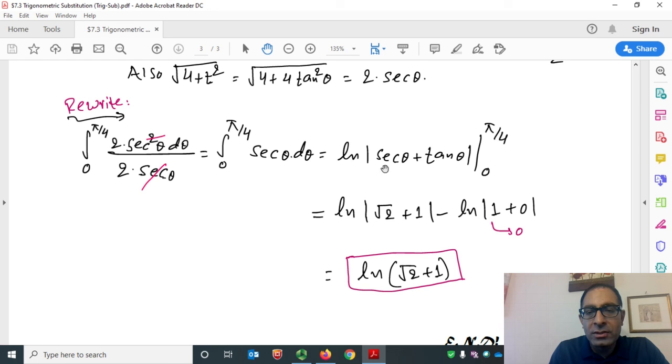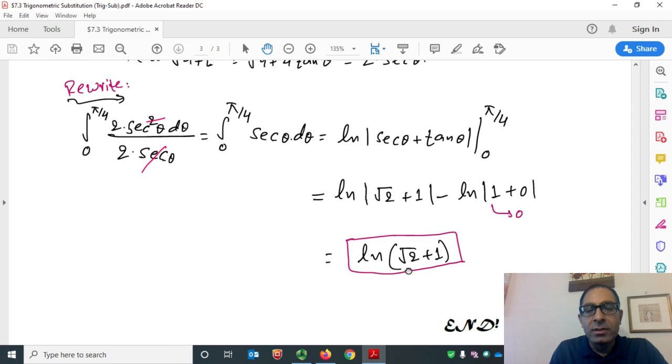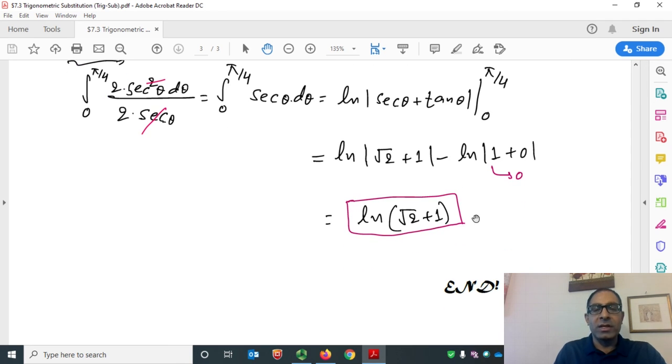So natural log of secant pi over 4 is simply radical 2, plus tan pi over 4 is 1, minus, this is coming from the formula to put the lower limit, ln of secant 0 is 1, plus tan 0 is 0. And we know natural log of 1 is 0. So we have only ln of radical 2 plus 1 left. Correct? So we finish these sections. So thank you.